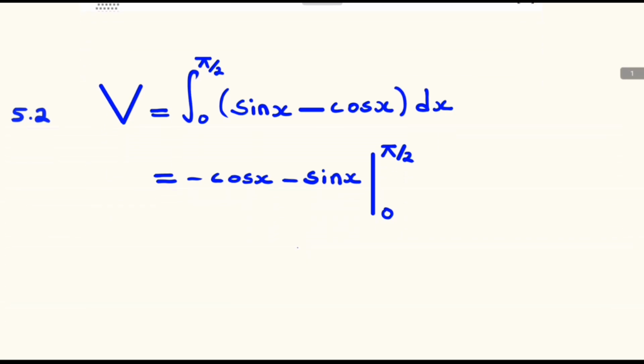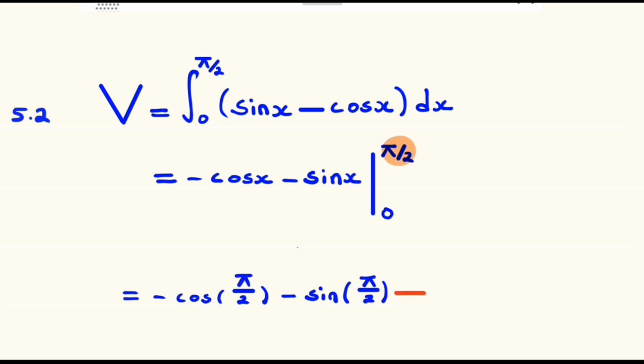Now we substitute. We start by substituting the pi divided by 2. So we have negative cos of pi divided by 2 in the place of the x minus the sine of pi divided by 2, and a big minus in between the two.